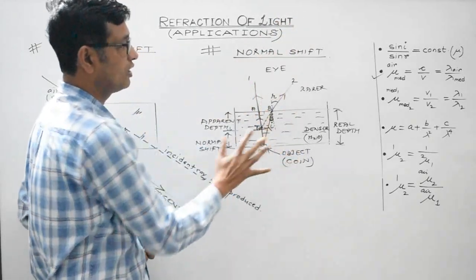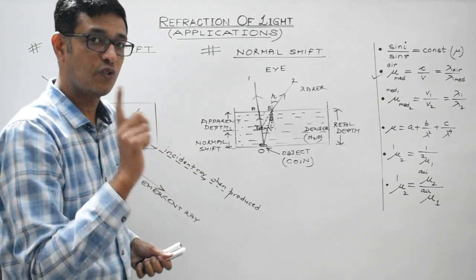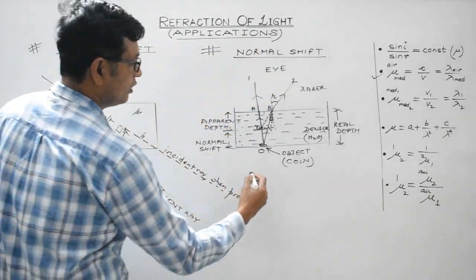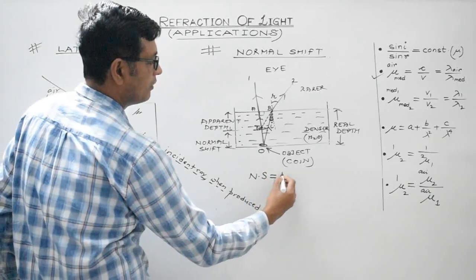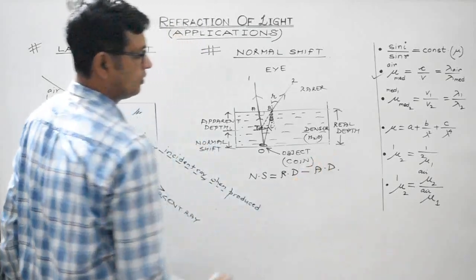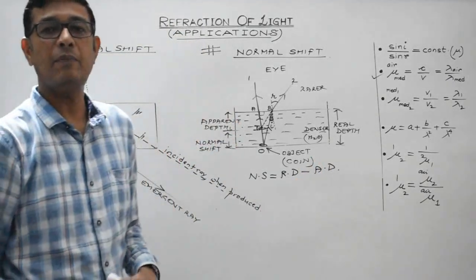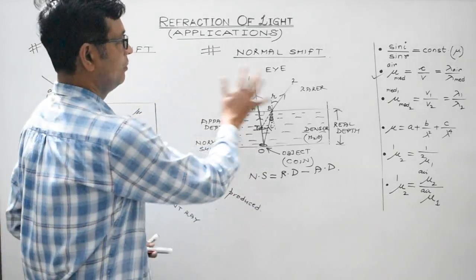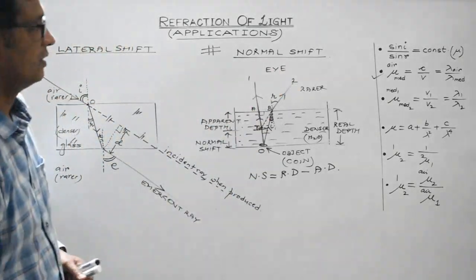So this phenomenon which occurs due to refraction of light is known as normal shift. So mathematically, normal shift would be given by the difference between the real depth and the apparent depth. Right? So this is the second application of refraction of light.